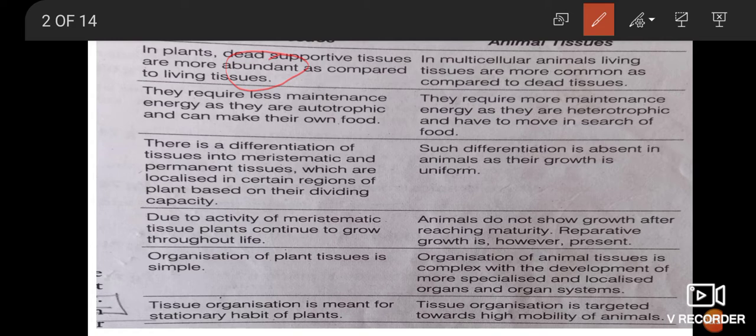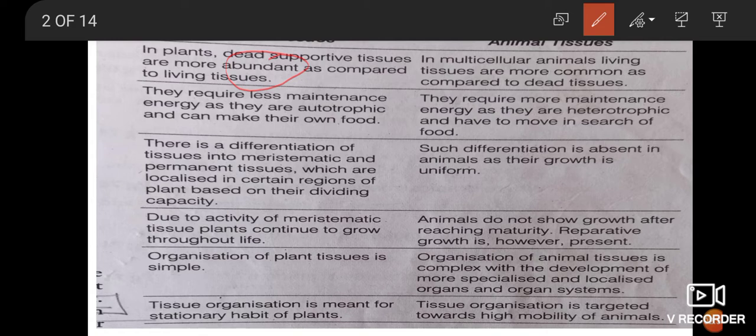Whereas in animal tissues, multicellular animals, living tissues are more common as compared to dead tissues. So this is the main basic difference between plant tissue and animal tissue. In plant tissue, dead supportive tissue is more common, whereas in animal tissue, living tissue is more common.